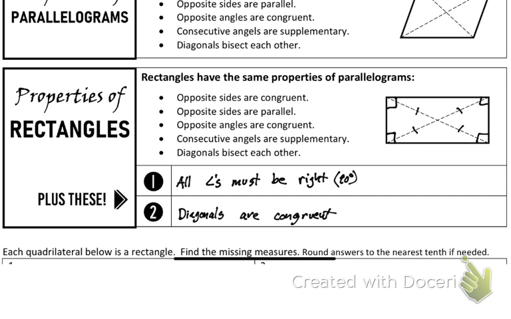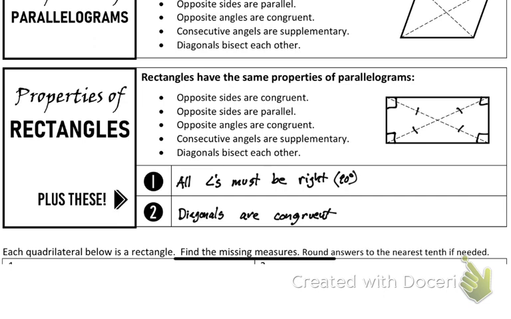All right. If I told you you have a parallelogram that has diagonals that are congruent, what's the most specific term you could give for that? It would have to be a rectangle. What if I said you had a quadrilateral where opposite sides are parallel? What would be the most specific name you could give that?